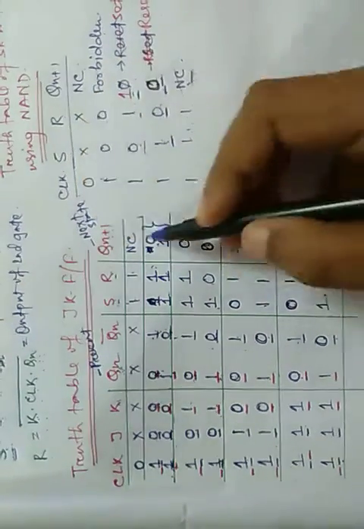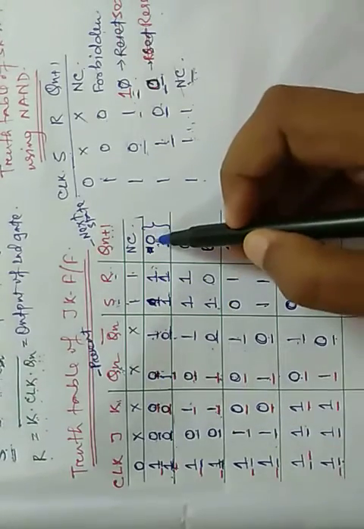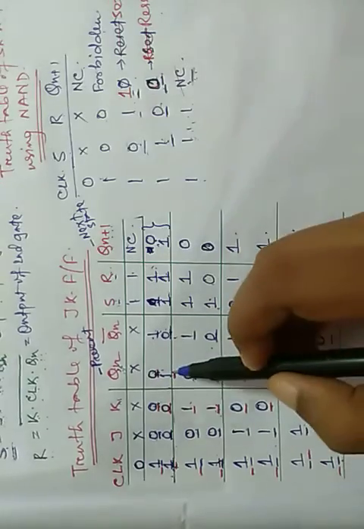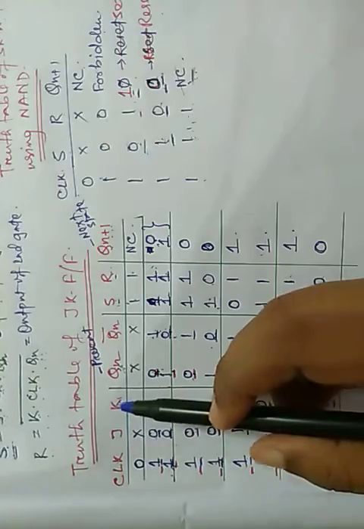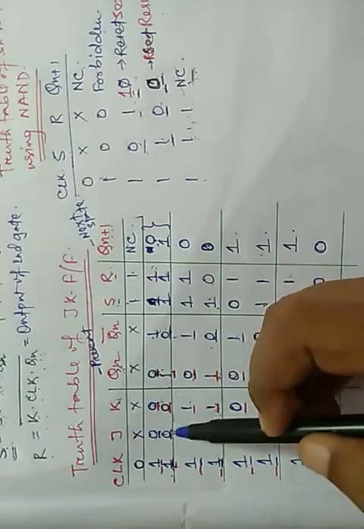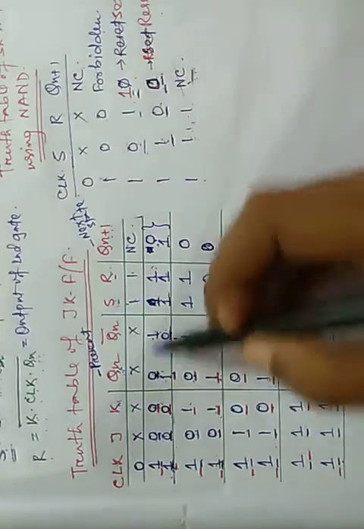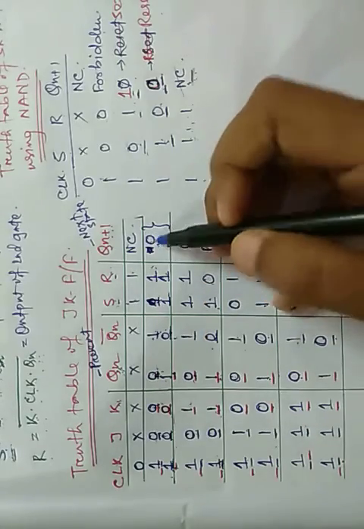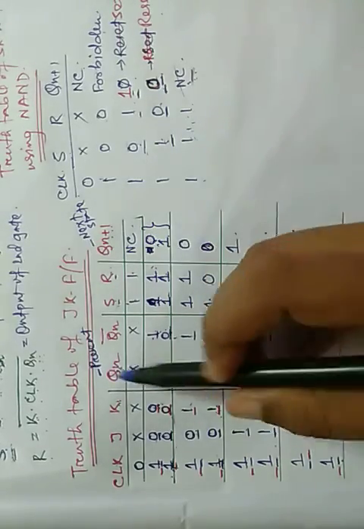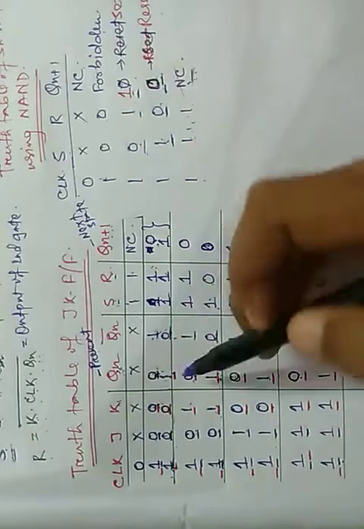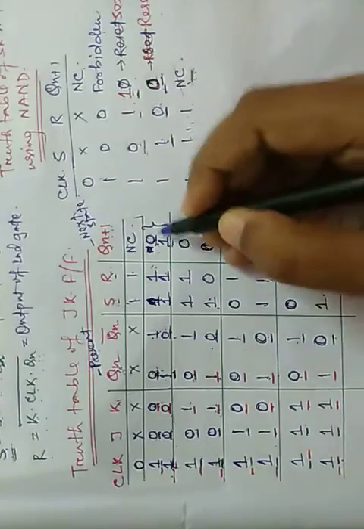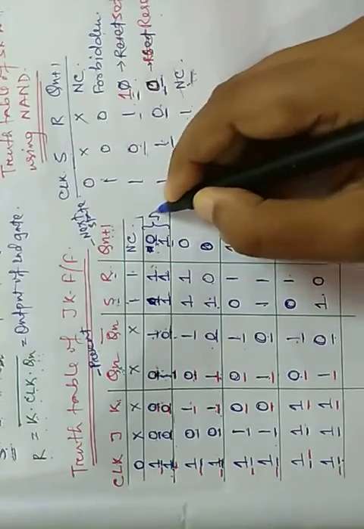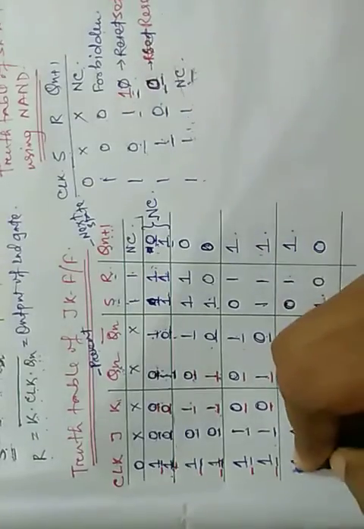From the next state we can come to this conclusion: when Qn is 0, Qn plus 1 is 0, and when Qn is 1, Qn plus 1 is 1, when J is 0 and K is 0. In both cases, Qn plus 1 remains unchanged. Unchanged means the present state and previous state are both the same. So we can say this is the no change condition. Clear?